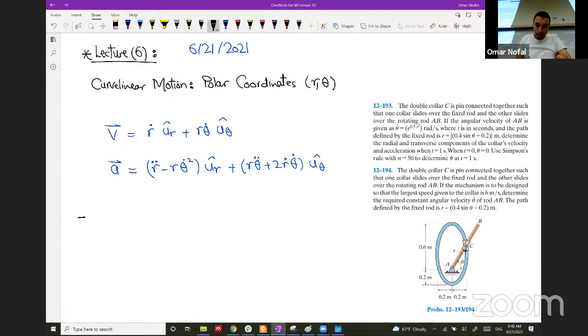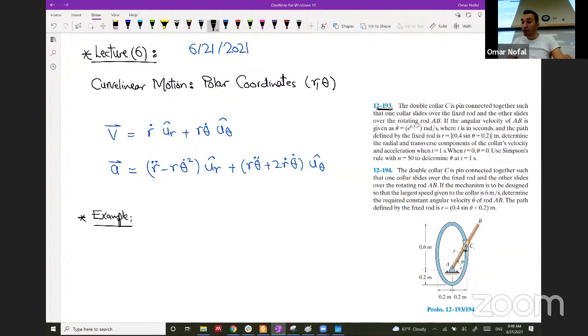Basically in this example, let's solve part one. It says that you have a ring that has an oval shape, and there is a rod that moves, constrained to the ring at C. This constraint is a double collar, so it's pinned and allows the collars, one of them on the rod and the other on the ring.